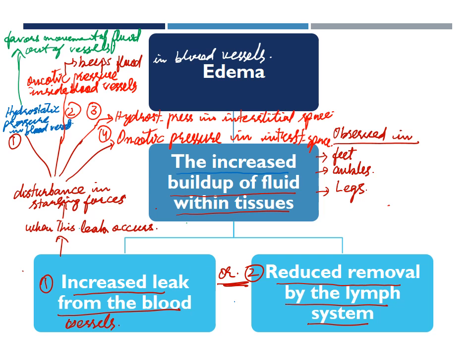There are 4 Starling forces. The first one is hydrostatic pressure in the blood vessels, usually in the arterioles.